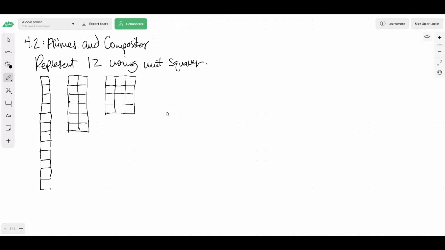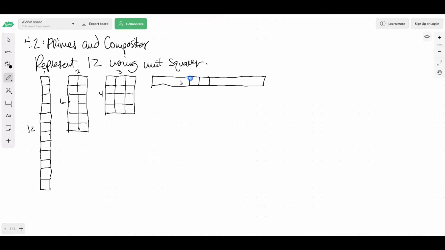But are these the only representations I can do? We've talked about multiplication and creating visuals for multiplying numbers. And so what I have here is a 12 times 1, 6 times 2, and 4 times 3. Can I also draw this as 1, 2, 3, 4, 5, 6, 8, 9, 10, 11, 12? I think that's 12.